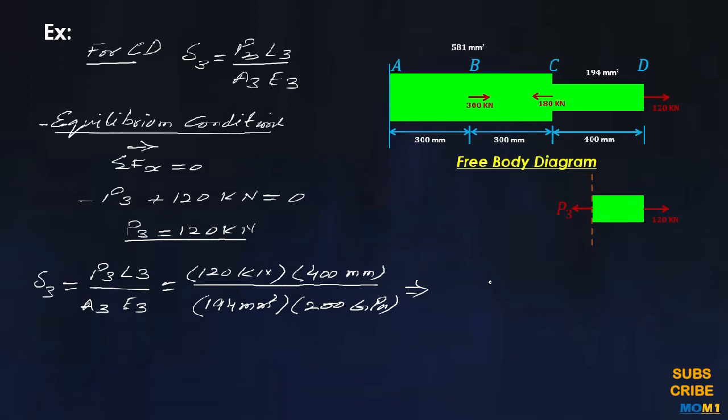Now from this we get the value of deformation in section 3, that is CD, and the value is 1.237 into 10 raised power minus 3 meters.